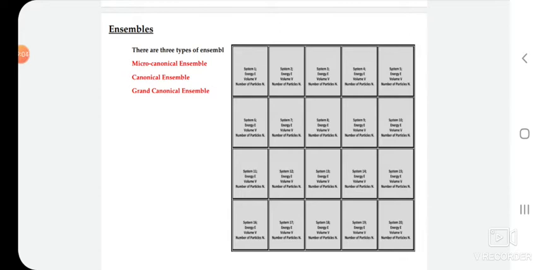Here the term macroscopically identical means each of the systems consisting an ensemble satisfies the same macroscopic conditions like volume, energy, pressure, temperature and total number of particles.